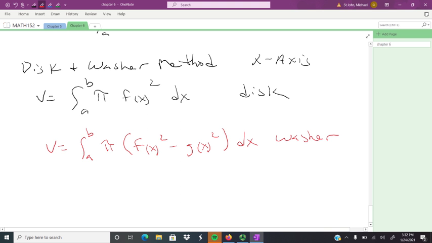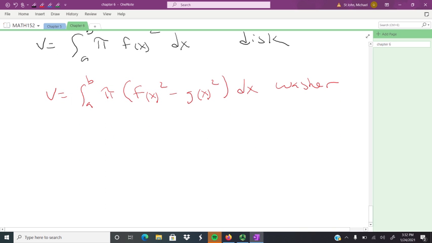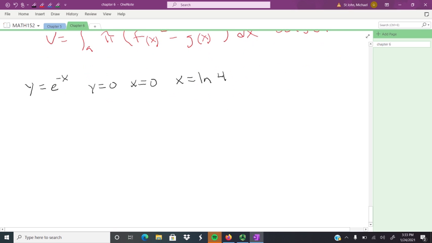Right? So let's look at an example in terms of these. So let's say we have this. So y equals e to the minus x, and then y equals 0, x equals 0, and x equals the natural log of 4. So what are we looking at here? And so my curve is going something like this.